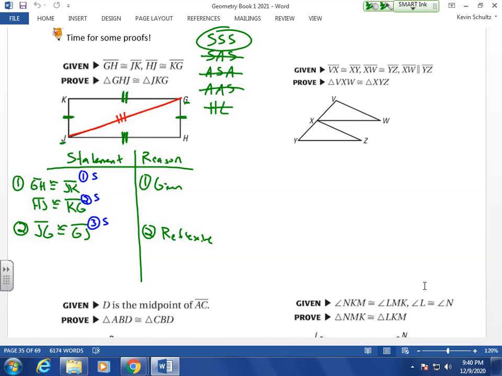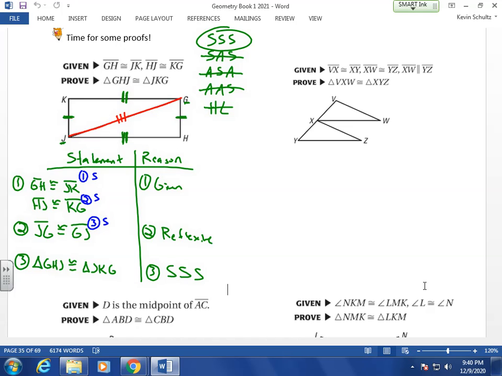So step 3, my proving statement, triangle GHJ is congruent to triangle JKG because of side, side, side. And I'm done.